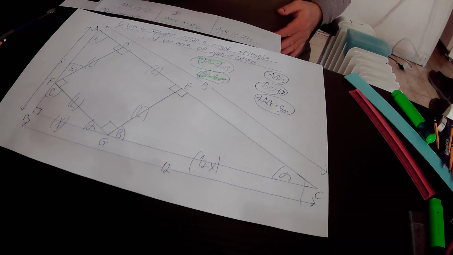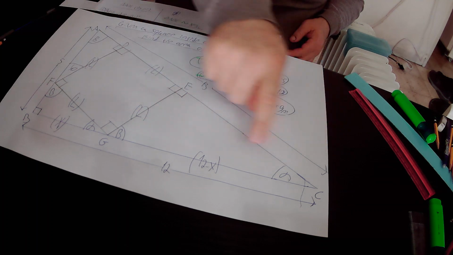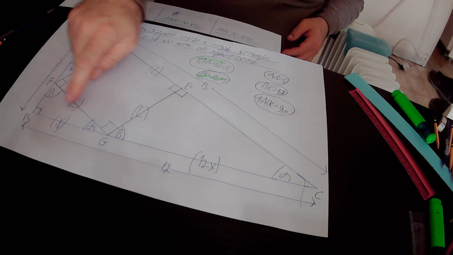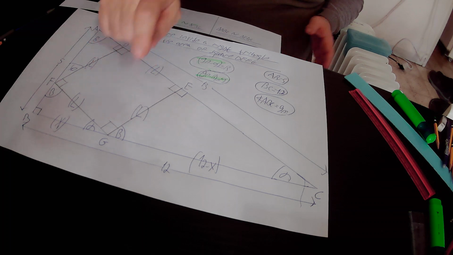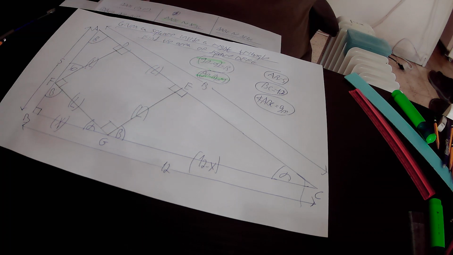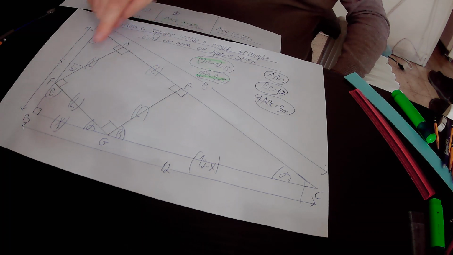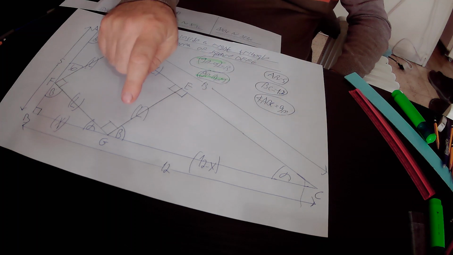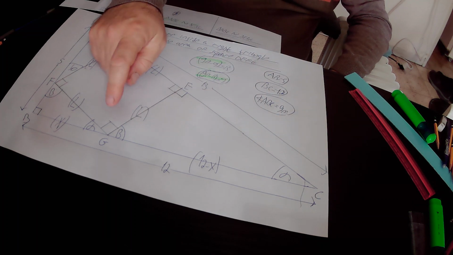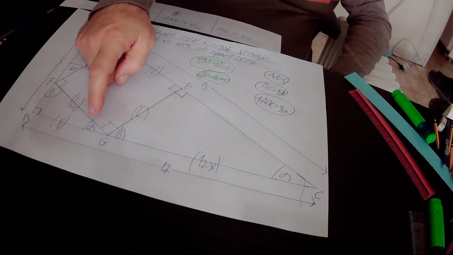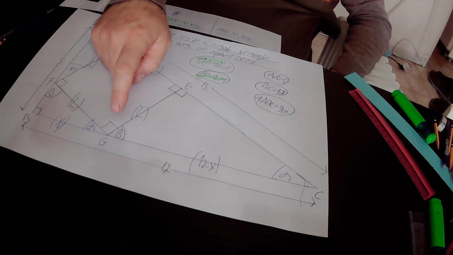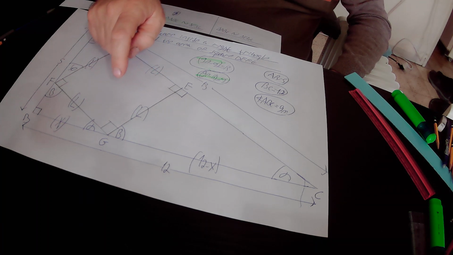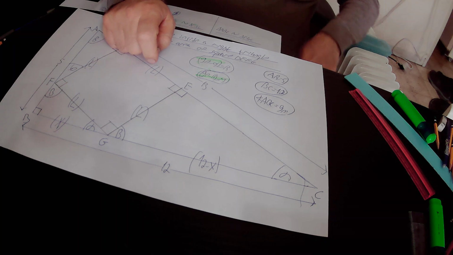Okay, and then focus on the upper side of the straight line BC at point G. Again, at the upper side of the straight line BC at point G, the sum of the angles must be equal to 180 degrees. So which angles do we have at the upper side of BC at point G? We have this angle that is beta, this angle equals 90 degrees, plus the missing angle. In total, the sum of those three angles must be equal to 180 degrees according to the rule that I mentioned.